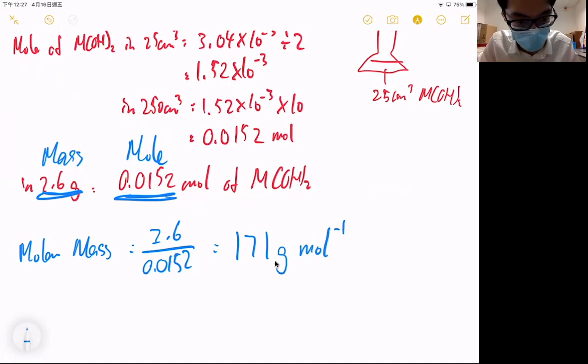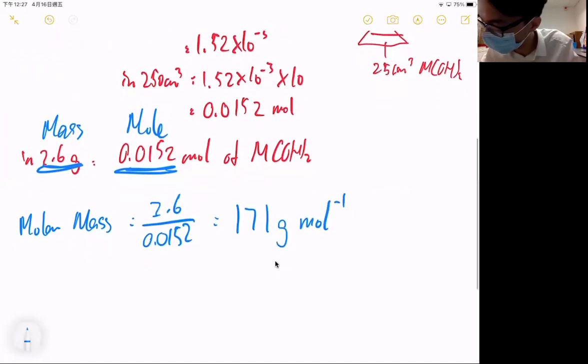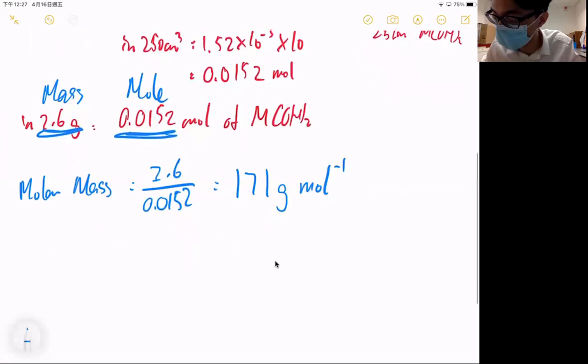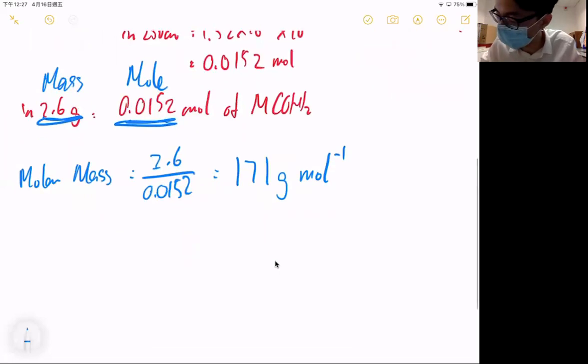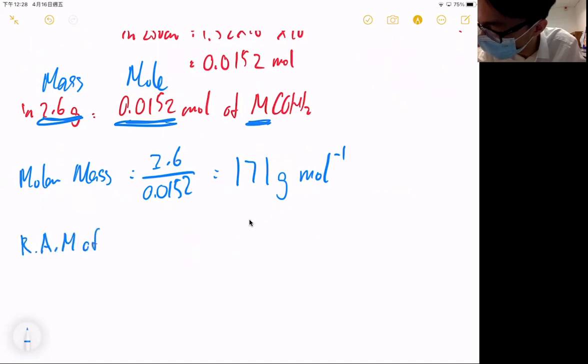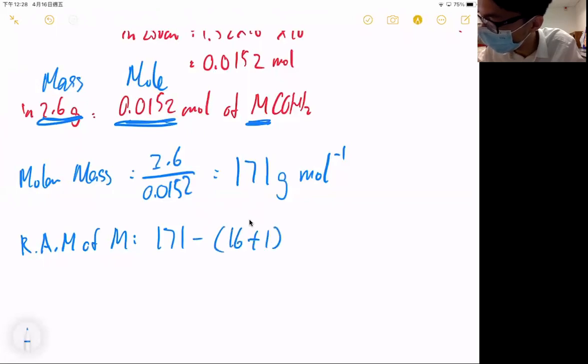So finally, because you are asked to calculate the molar mass of M, right? The overall molar mass is 171. So the relative atomic mass of M will be 171 minus (16 plus 1) times 2. What is 16 plus 1?